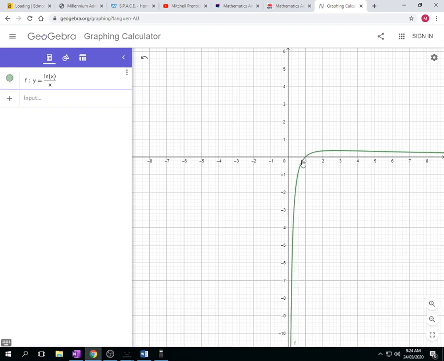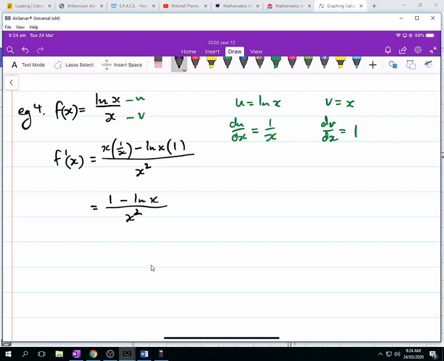If we see at x is equal to 1, f dash of 1 is equal to 1 minus ln 1 over 1 squared.